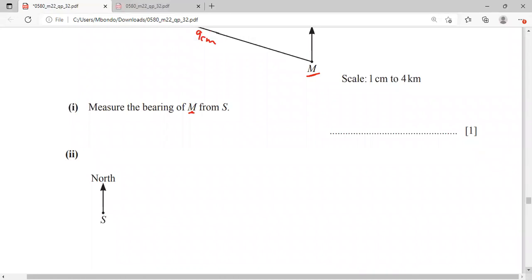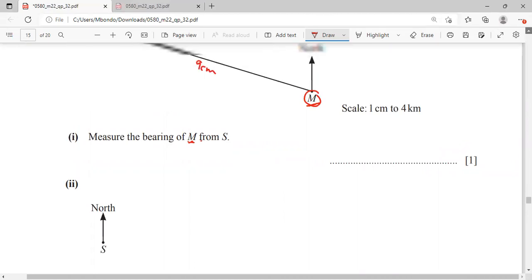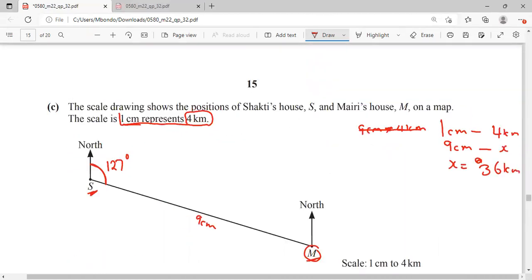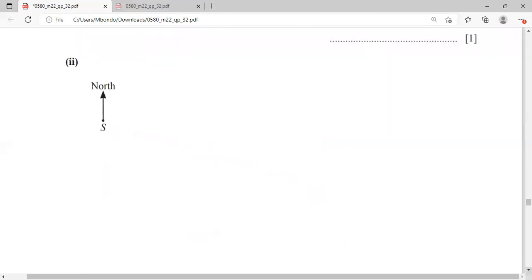So measure the bearing of M from S. The bearing of M from S, as I've just told you, we measure using a protractor. The bearing of M from S is just this one here, which I've just told you is 127. You can compare and see what you're going to get.